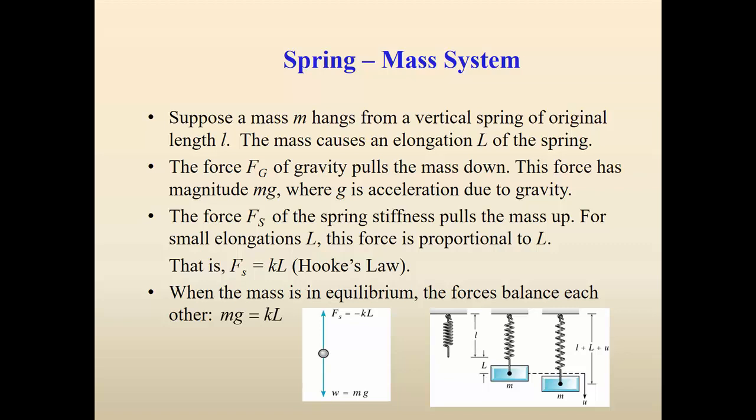Since I'm stretching the spring an extra capital L length, the spring will stretch according to Hooke's law, with a force of kL. And gravity is pulling it down with mg. So once it reaches equilibrium, that mg should equal kL because the force due to gravity is canceling out with the force due to the spring.